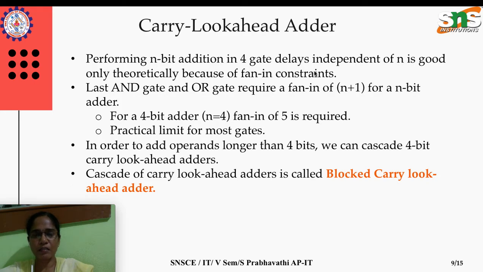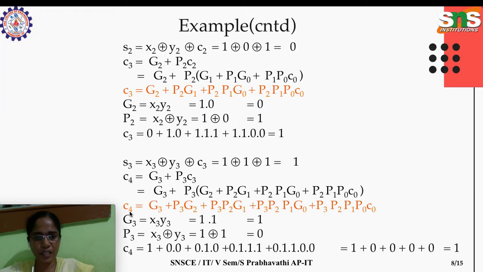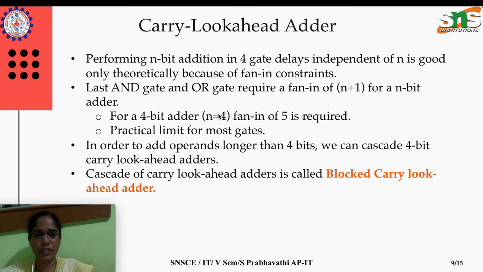The disadvantage here is, see in the last carry, many inputs are dependent on this one AND gate. It is implemented by an AND gate whose inputs are 1, 2, 3, 4, 5. Think of it, when we have a 16 bit input, that AND gate will have 17 inputs, and the number of inputs is called the fan in.